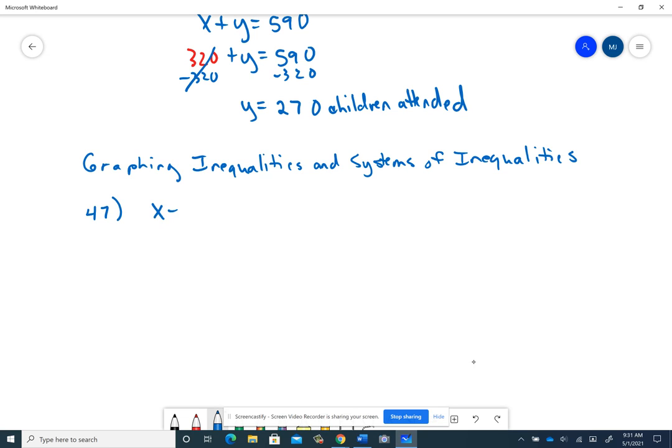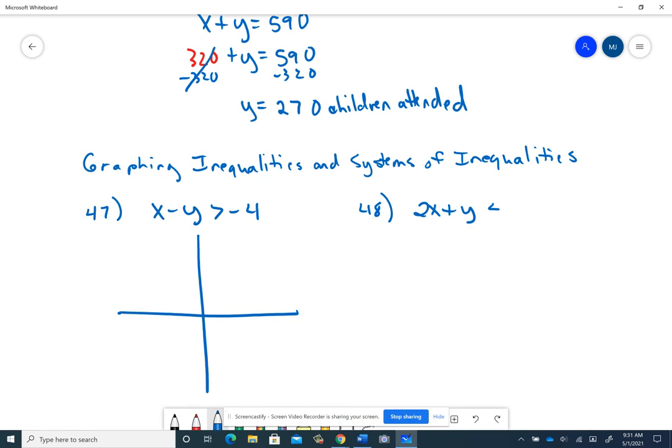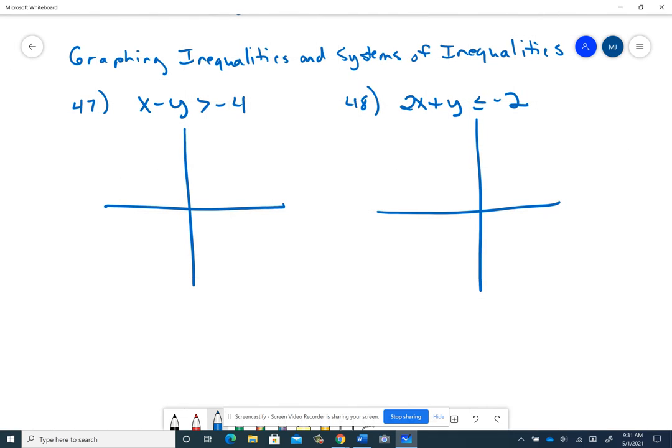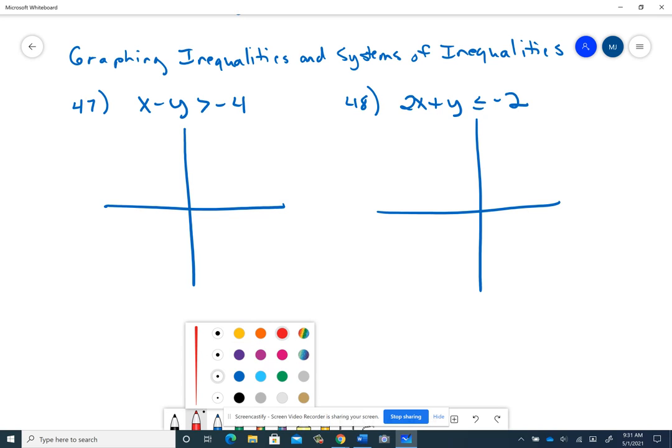So 47 and 48 are inequalities in two variables that we need to try to graph, and then 49 and 50 are systems. So graphing inequalities is 47, 48. Graphing systems is 49 and 50. I'll go ahead and do all of these.